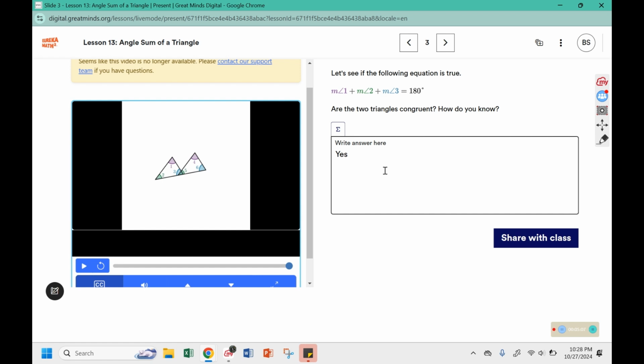Yes, these triangles are congruent. They are the same size and the same shape. They could also be mapped to one another using a translation.